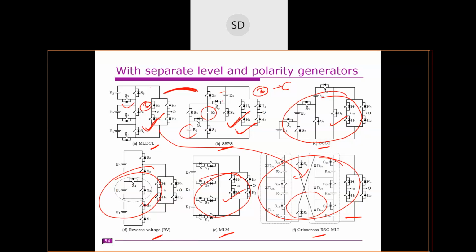In the polarity generator, both are the same. But in the level generator, here three switches are conducting and here two switches are conducting, so the losses are reduced by approximately 33%. So MLDCL and SSPS are the preferred choices.